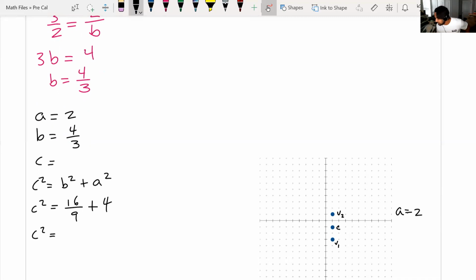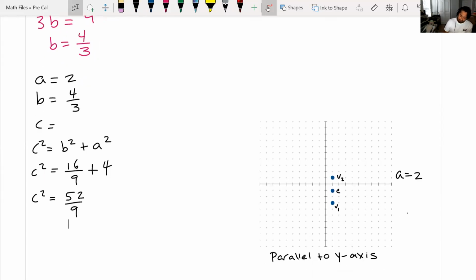Put those fractions together. 16/9 plus 4, we get 52/9. Now square root both sides.